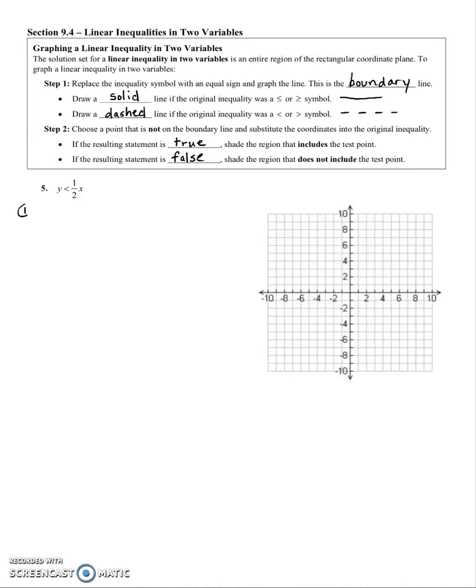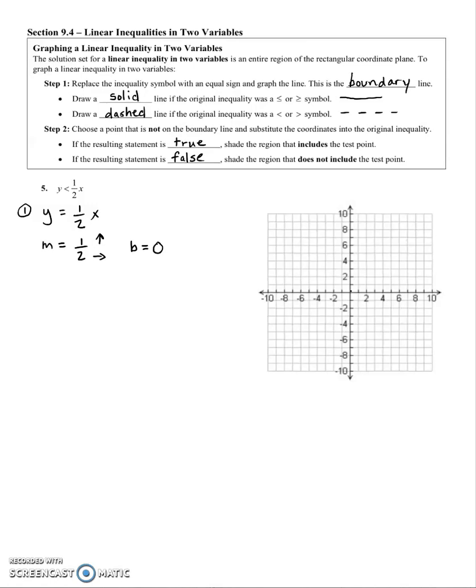Well, step one, we need to graph the line y equals 1/2 x. So we know, based on the section on lines, that our slope is 1/2, which means we'll go up 1 and right 2. And our y-intercept here is 0 because there's no added term in our equation.